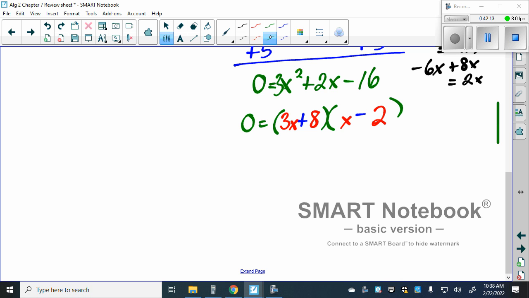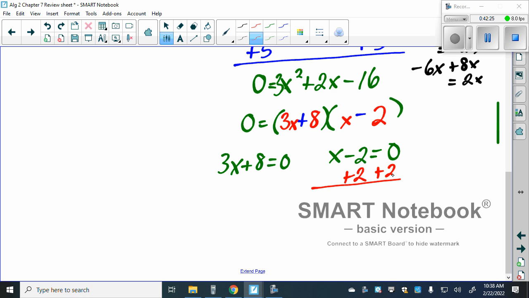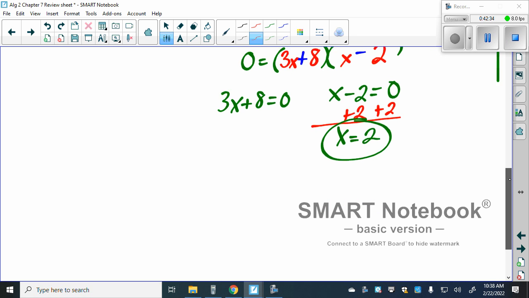Well, if we have two things multiplied together to equal 0, one of them must be 0, so either 3x plus 8 is equal to 0, or x minus 2 is 0. Well, this one here is nice. Plus 2, plus 2. So x is equal to 2. Exactly.